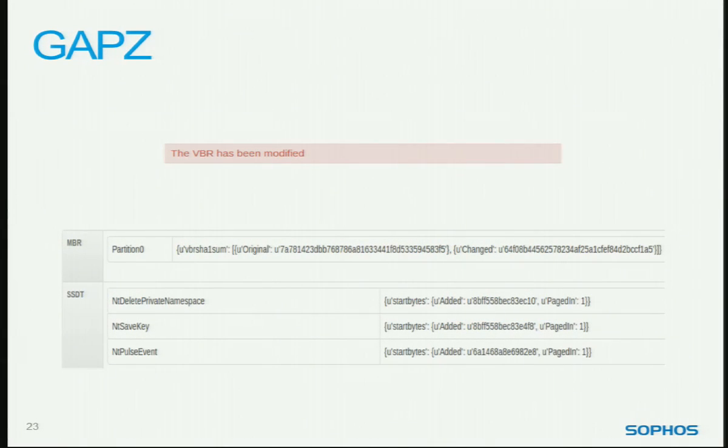The second test was with Gapz. If you were watching Eugene and Alex yesterday, they were talking about there being 2 variants of Gapz. There's the MBR modifier one, and there's the one that modifies the hidden sectors DWORD in the BIOS parameter block in the VBR. So we want to see if we're going to capture that.